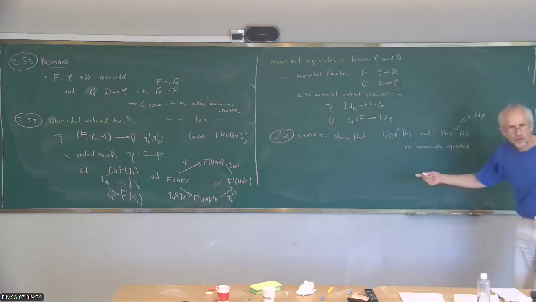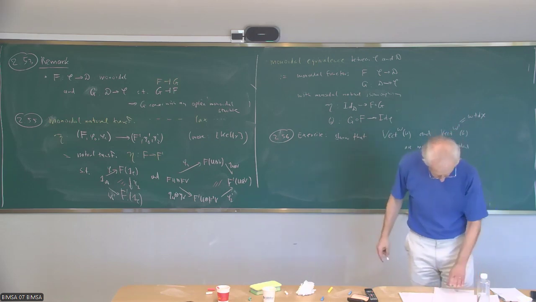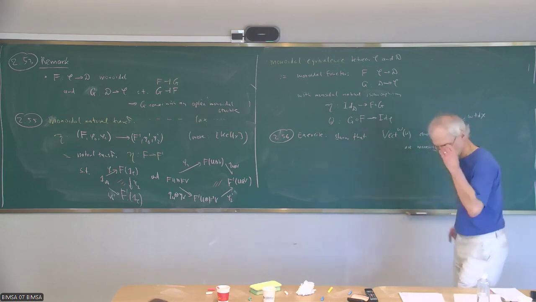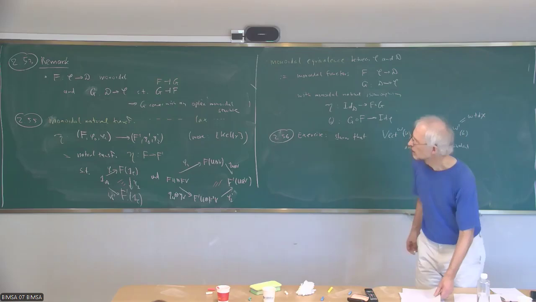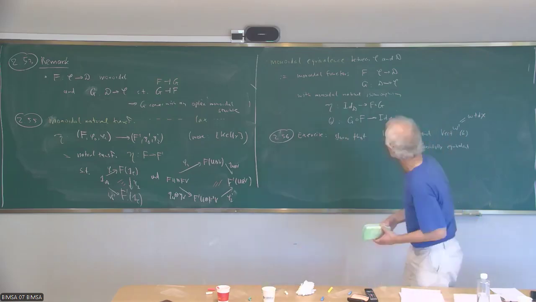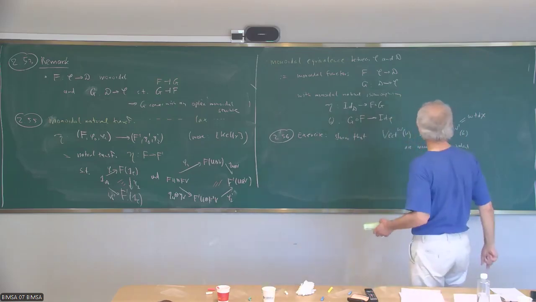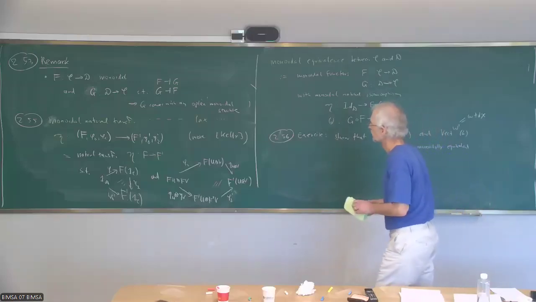Both of them are monoidal categories, just the tensor product over k is tensor products, and then you have to find suitable functors which give you this monoidal equivalence.